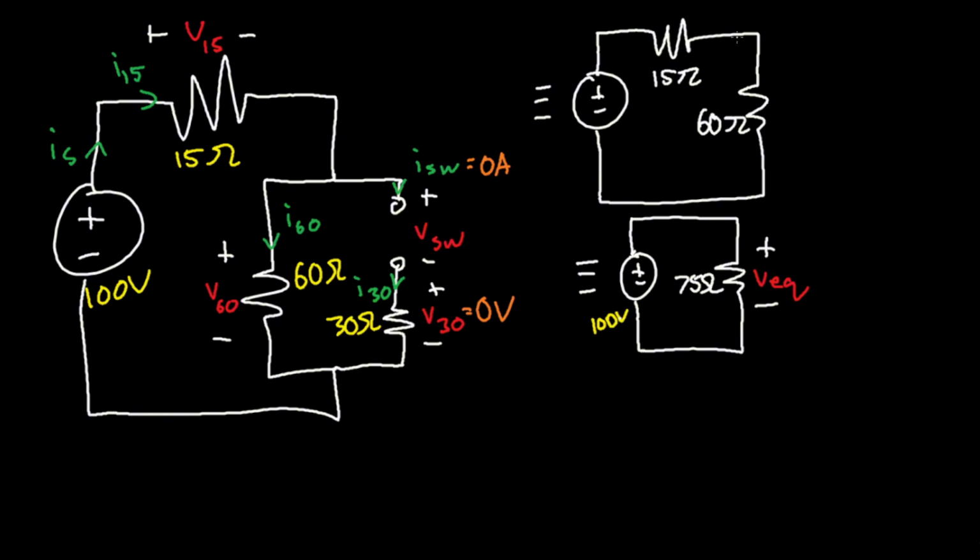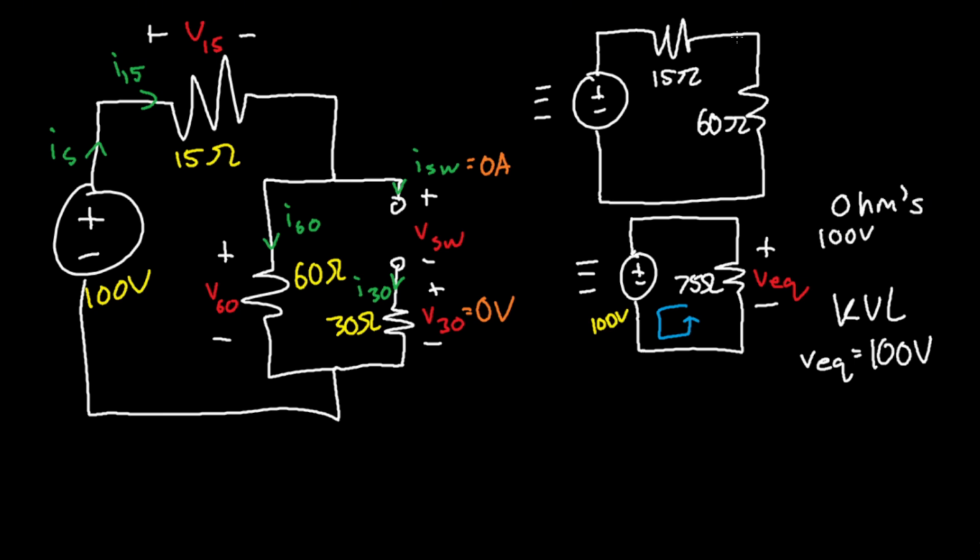So all we need to do is do a little bit of KVL counterclockwise, and we realize that VEQ is equal to 100 volts. This is a rise and this is a drop, so they're just equal to each other. All right, once we've done that, we can simply use Ohm's law.